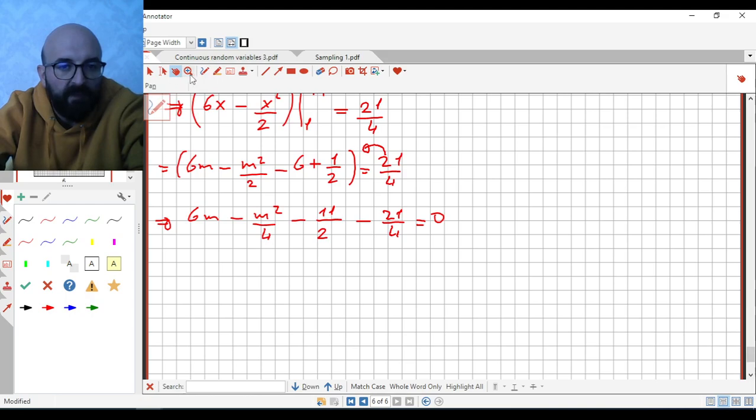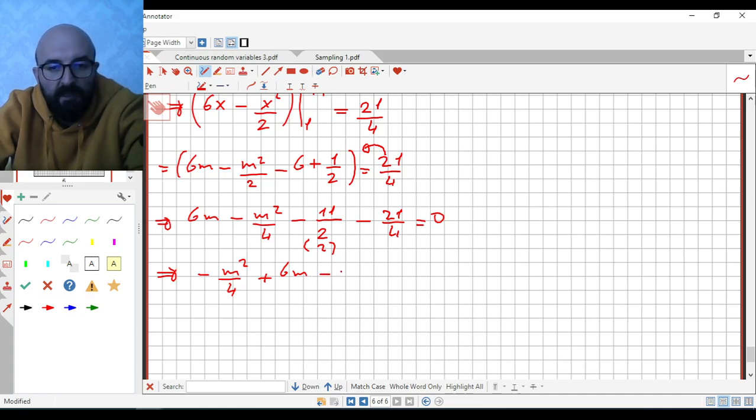Then I want to rearrange these equations: negative m square over 4 plus 6m minus 42 over 4 equals 0.